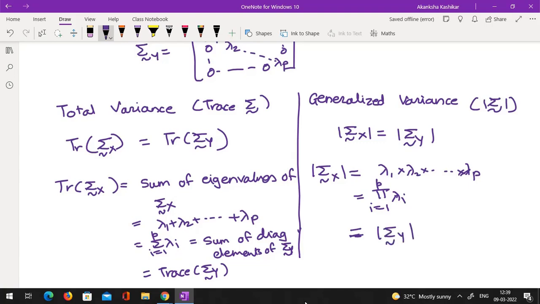So the generalized variance of the original vector is the same as the generalized variance of the principal components. So the total as well as generalized variance are both preserved when we construct principal components from a given random vector. Everyone with me so far?